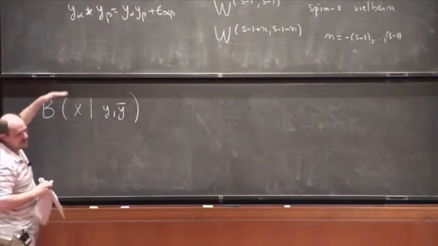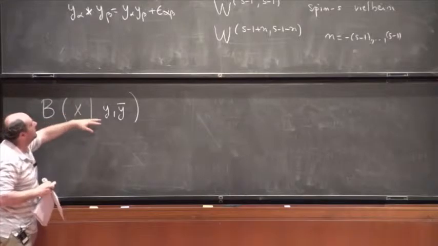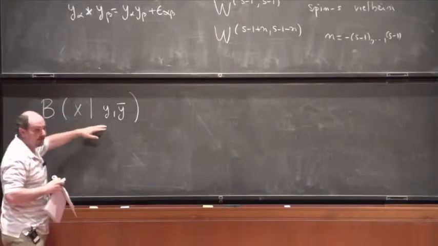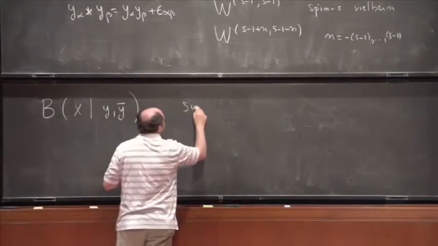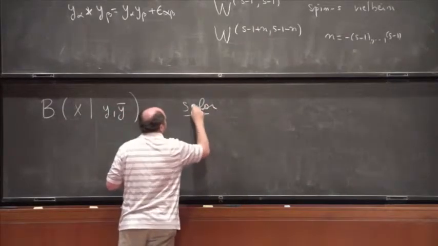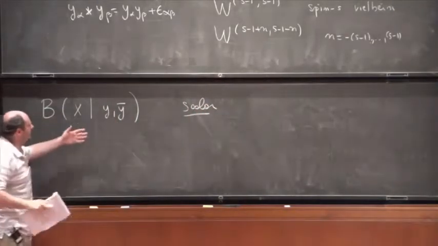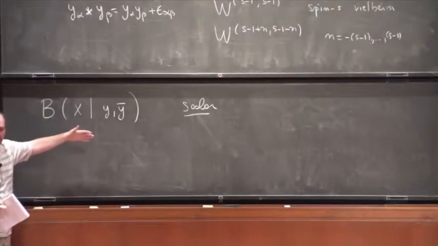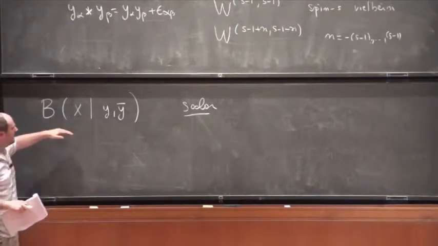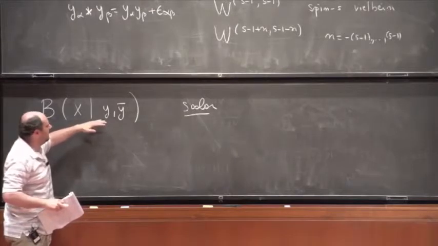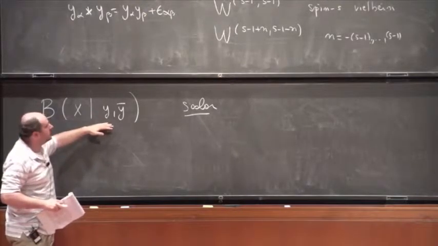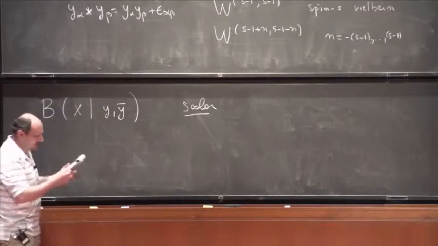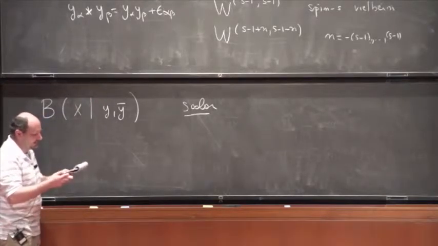These are called master fields because they encode all the fields of the theory into a single field. So we need this other object, which is a scalar. The bottom component of this object will be the bulk scalar field, but as we will see, this will contain also more things. It will contain the curvatures associated to those gauge fields, as we'll see later on in this lecture.